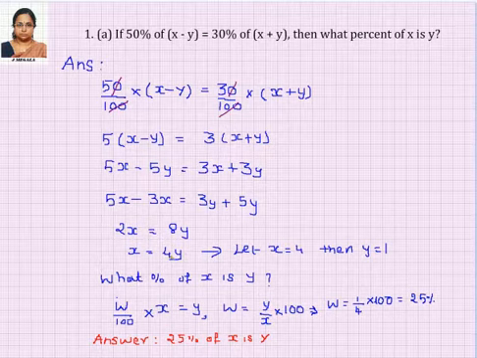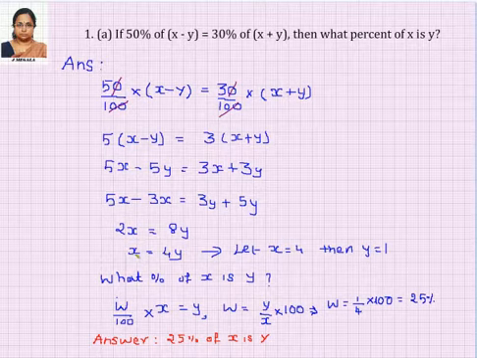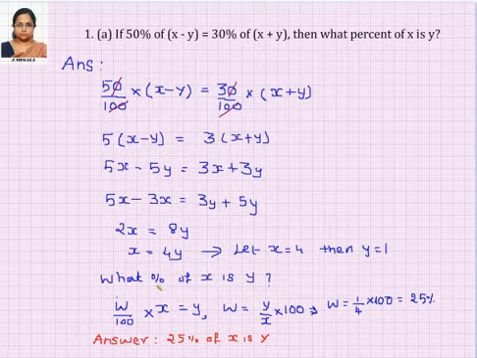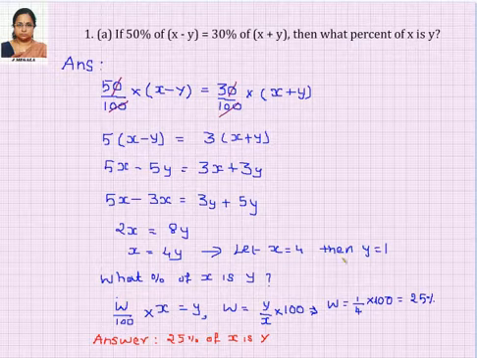So when you get x equal to 4y, what you can do here is keep this constant term as the x value and the constant term you have with y as the y value. So let x is equal to 4 and y equal to 1. What percentage of x is y? That's what the question is. So you know what x is, what y is.